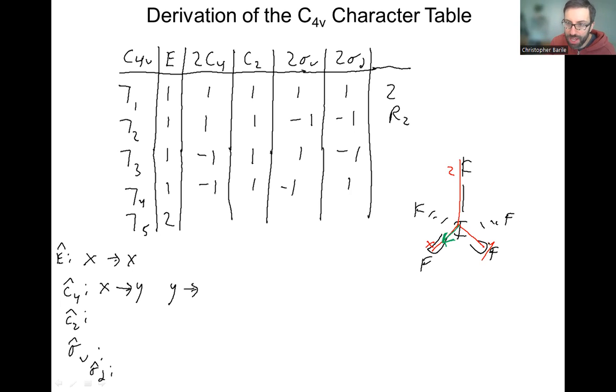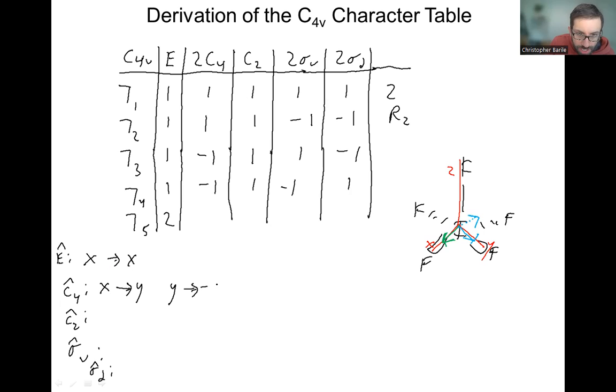So y, let's think about what y is going to transform into. Let's draw our y vector in a different color, blue. And so our y vector is going to be there. And if we rotate that 90 degrees, we're going to end up with negative x.